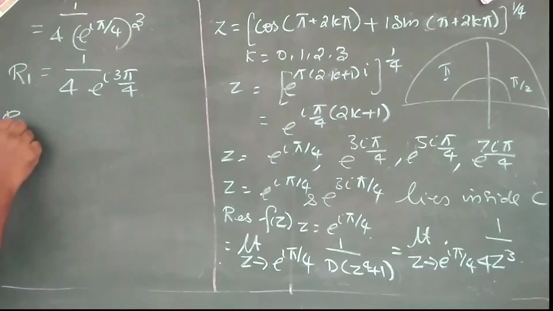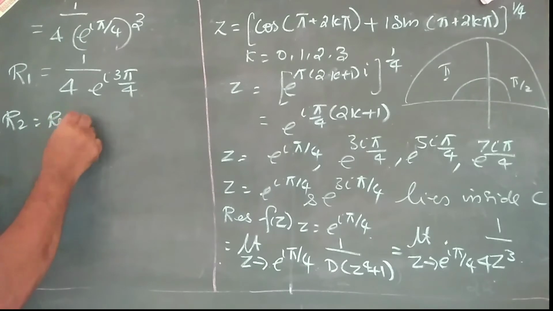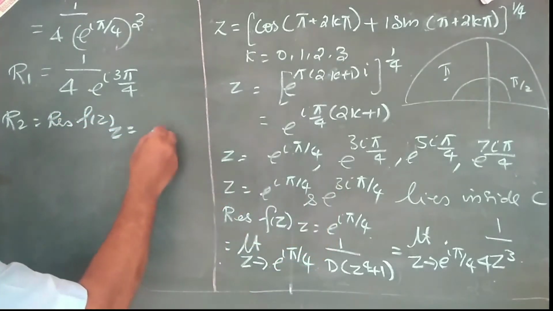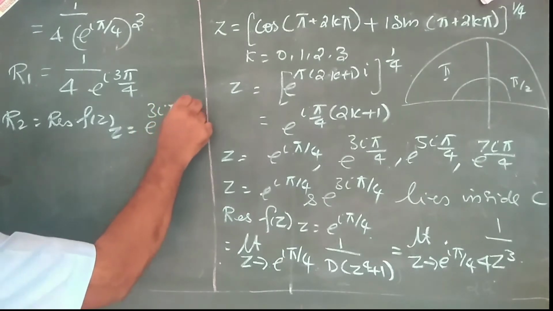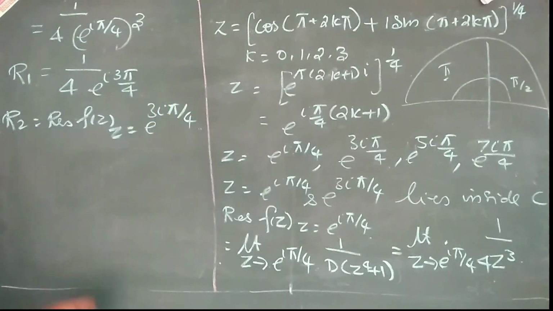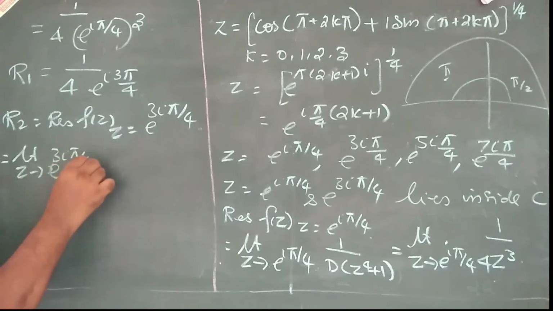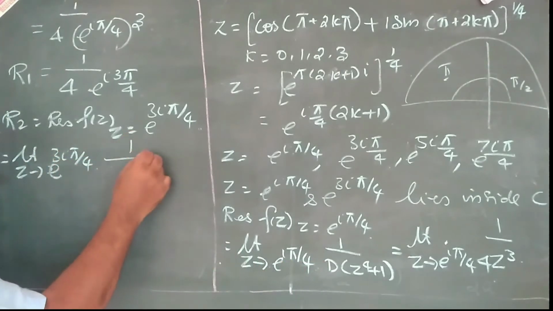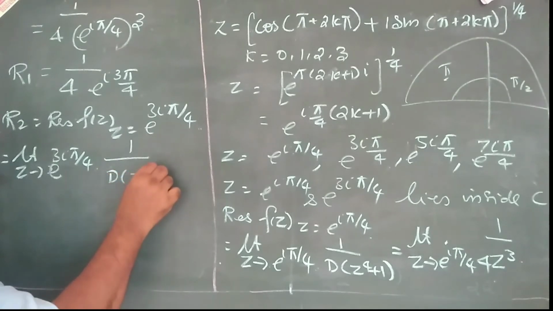R2 is equal to the residue of f of z at z equal to e power 3i pi by 4. So that is equal to the limit as z tends to e power 3i pi by 4. Same idea, 1 by the differentiation of z raised to 4 plus 1.